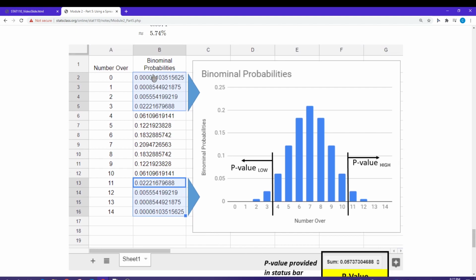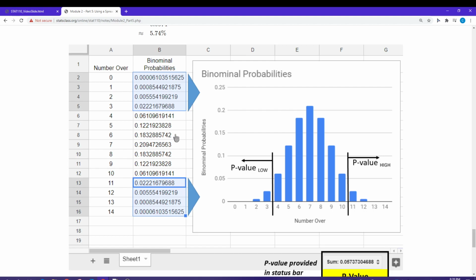To highlight these cells, I can highlight a set, and then hold down the control button, and then highlight the other set for the p-value high. On a Mac, it's either going to be the Command button or the Apple button that will allow you to highlight two different sets of cells that are not next to one another, or non-contiguous.